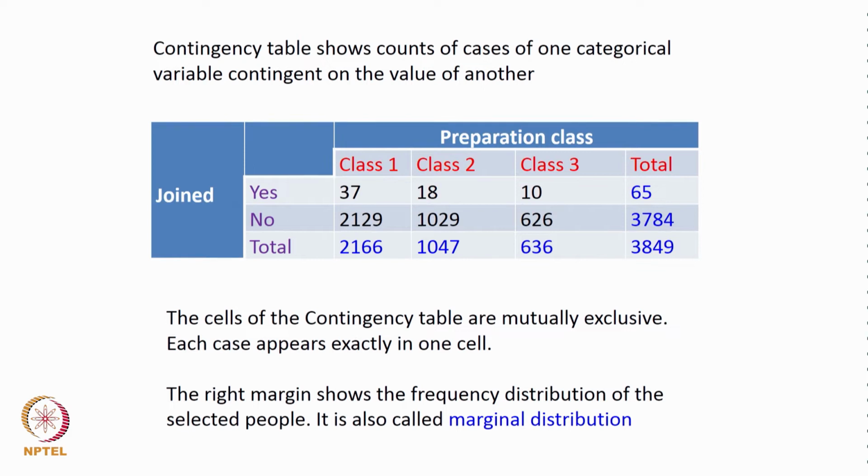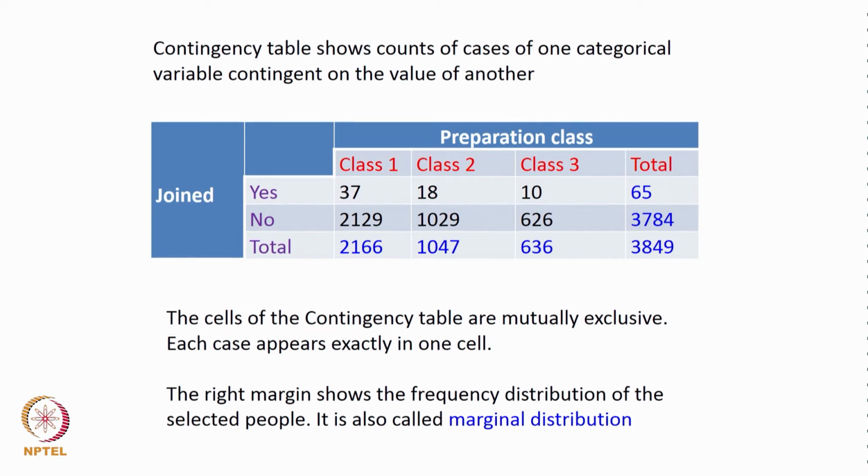This 65 is split into 37 who had gone to class 1, 18 who had gone to class 2 and 10 who had gone to class 3. And 2,166 in total had gone to class 1, out of which 37 got into the program and 2,129 did not. Similar numbers are 18, 1,029 and 10, 626.